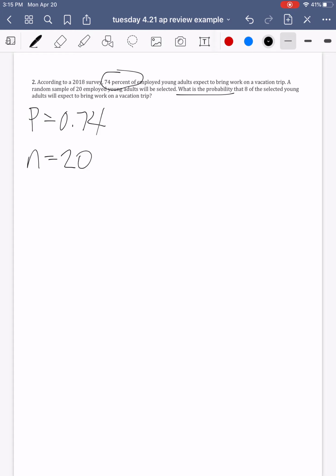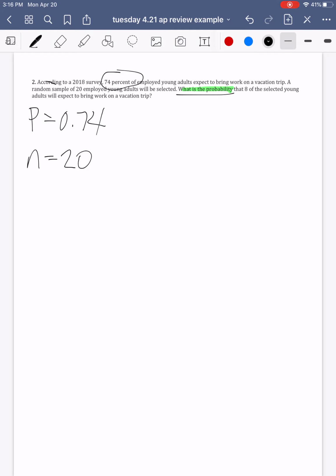Looking at this, I know that I've seen N and P before. I've seen this in confidence intervals, in significance testing, and in describing sampling distributions. But here they're asking us about probability. So I need to unpack in my mind, where have I seen N and P in probability?